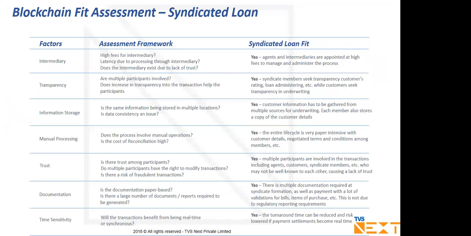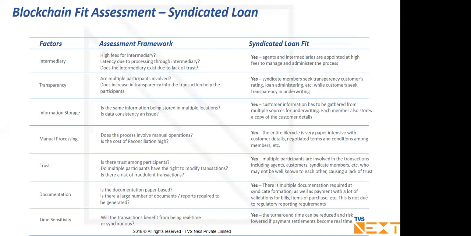When you see intermediaries, they eat into a lot of time and efficiency. Transparency is definitely needed, because every particular party in this ecosystem is running on very high risk, be it the corporation, the syndicate, or the lead arranger bank. So everyone's on high risk. So it's a very important use case on how transparency plays a very important role.